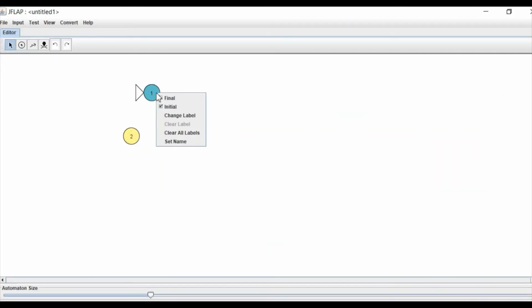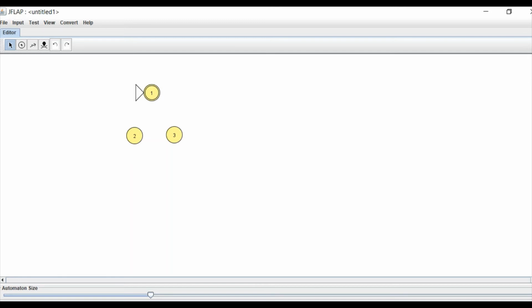So again I am selecting the property of final for state 1. Now the state 1 is both initial as well as final in our NFA.